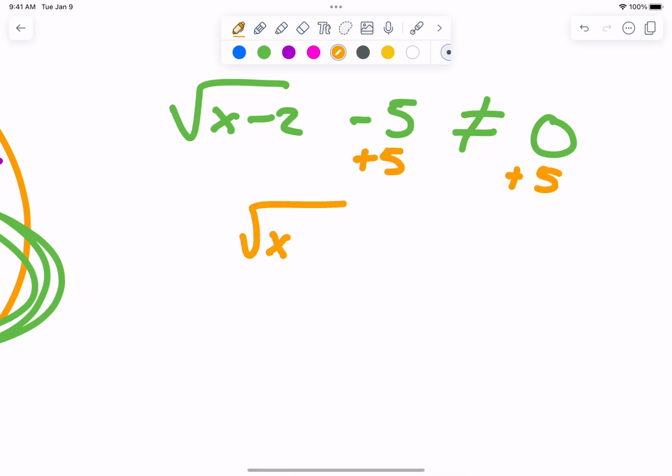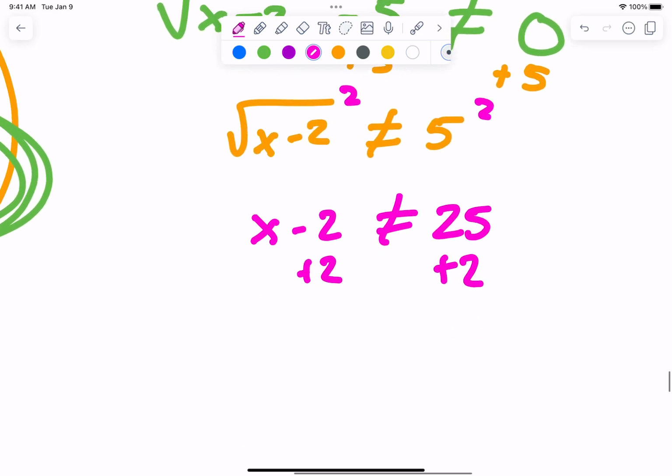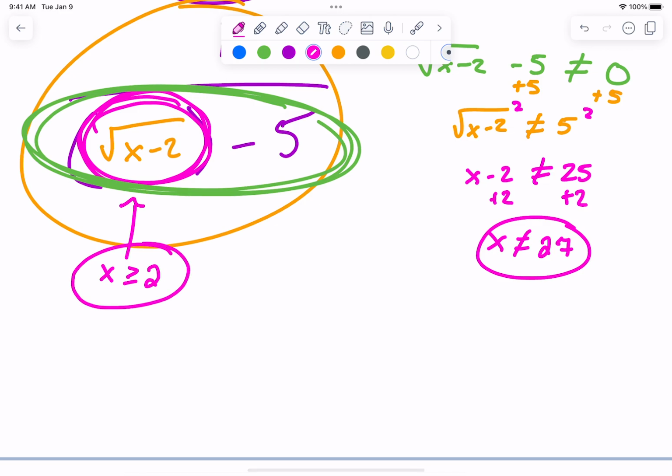So the square root of x minus 2 is not equal to 5, and then we square it. x minus 2 can't be 25, and then we add the 2 over. So x can't be 27. Now I want to combine these. We know that x has to be greater than or equal to 2, but it can't be 27.